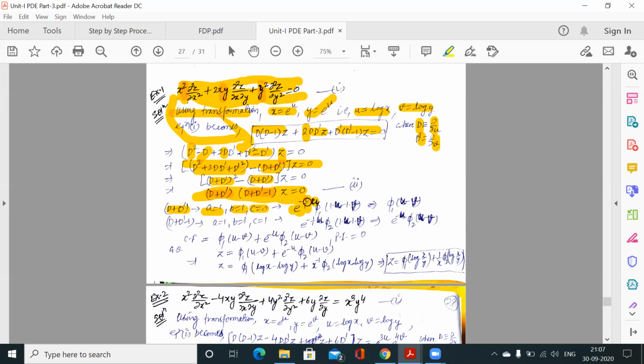So e to the power minus c by a into u, and in the bracket we write phi of minus ax, bx minus ay. I need to check that.